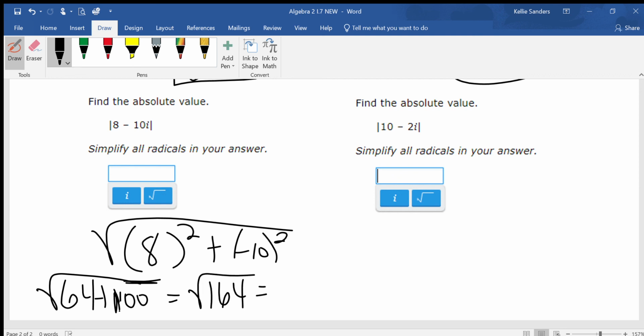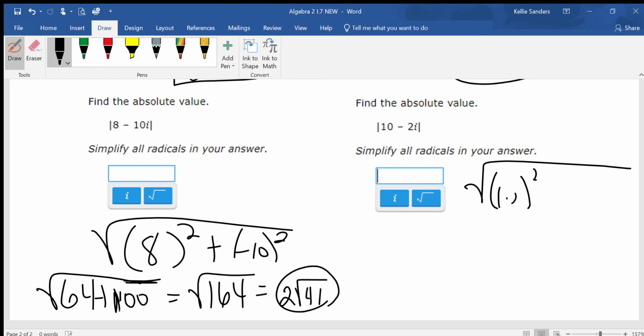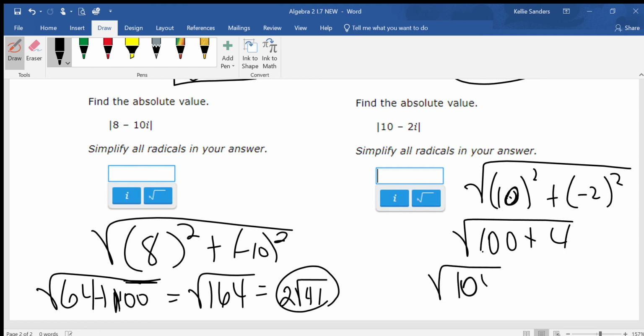Okay, I'm not going to lie, I am going to use the calculator on this one so I don't take up a lot of your time. 10 squared, negative 2 squared, 100 plus 4, 104. I'm going to do it again. Alright, that's it.